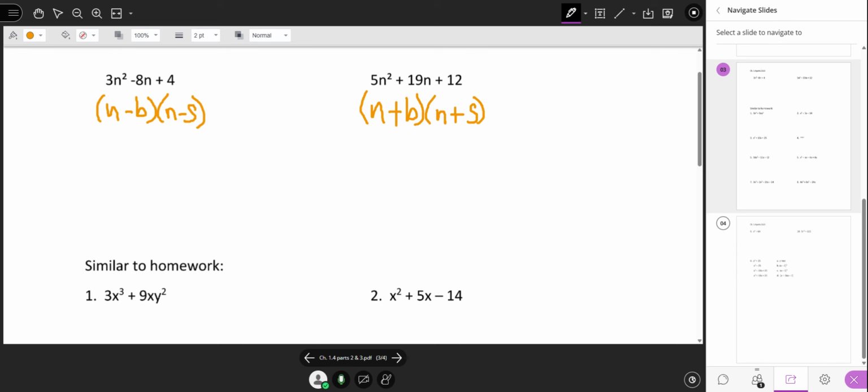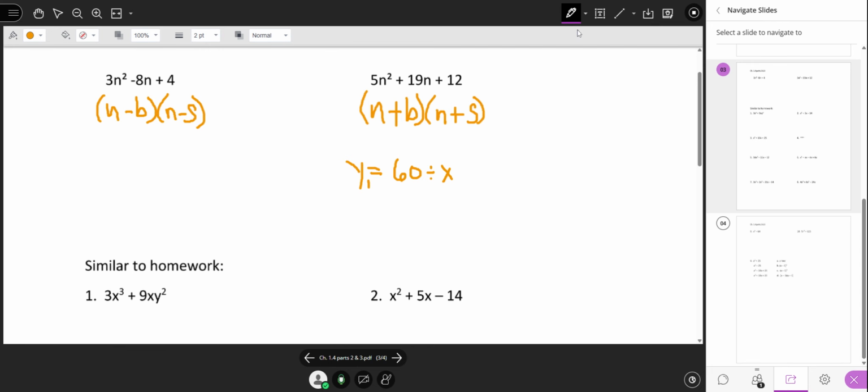Now, if you need help with the factors, go to y equals, and in y1, 5 times 12 is 60, so you're going to put 60 divided by x.